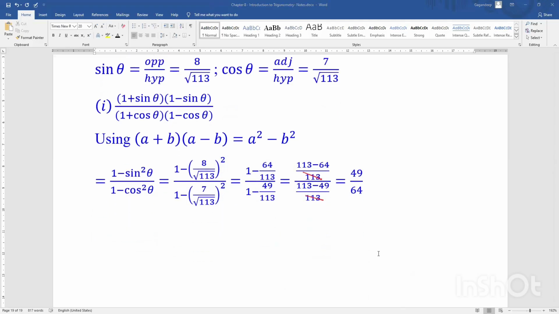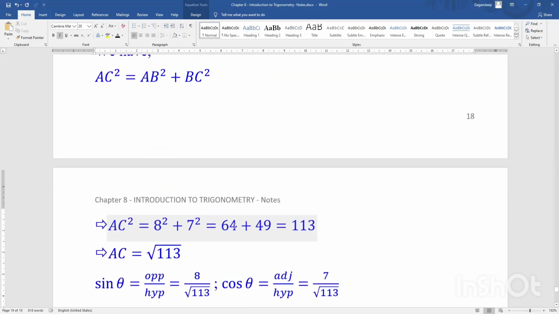Now, my next question is we need to evaluate cot square theta. That's the second problem we have. So cot square theta is basically adjacent by opposite, if you look at the figure.